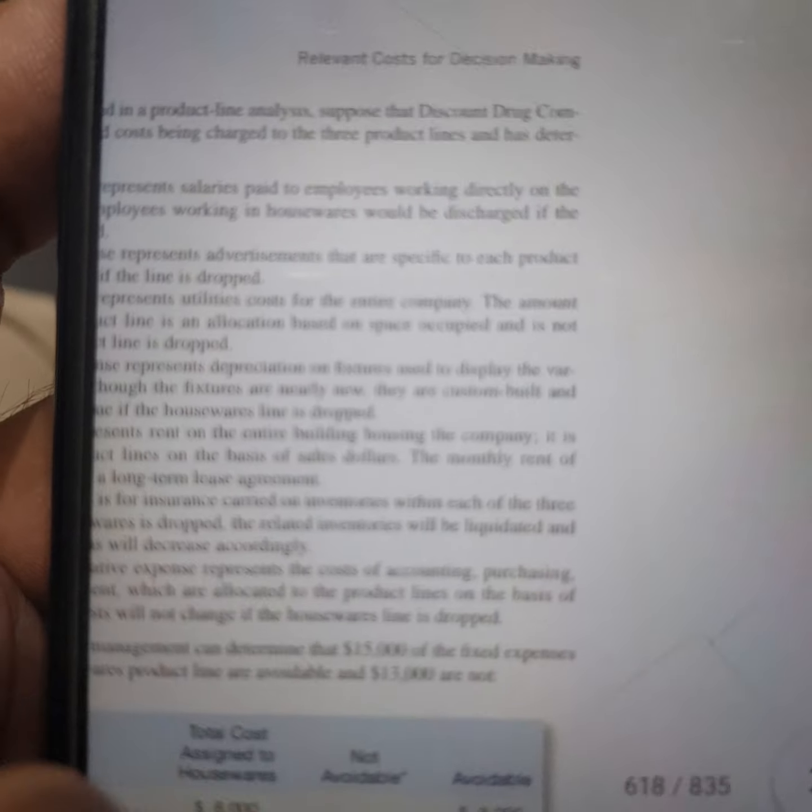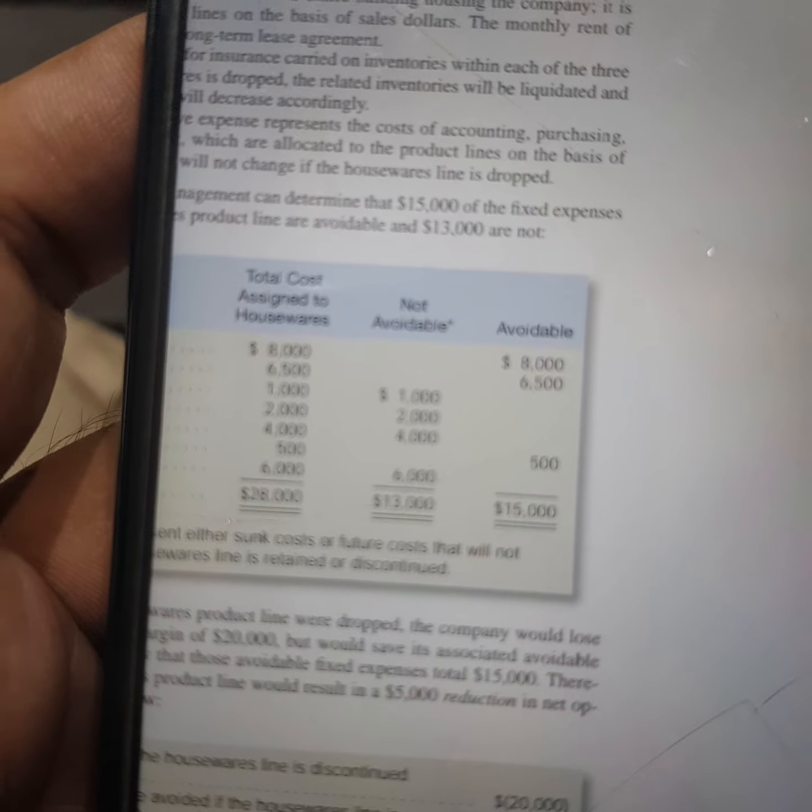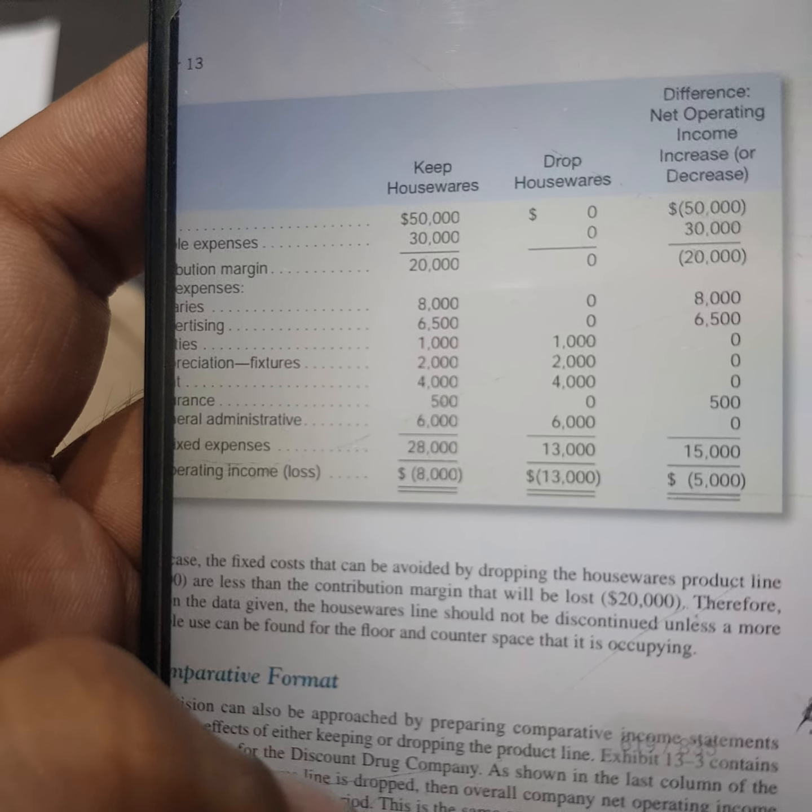But after eliminating the avoidable costs, our net operating loss became 5,000 rupees.